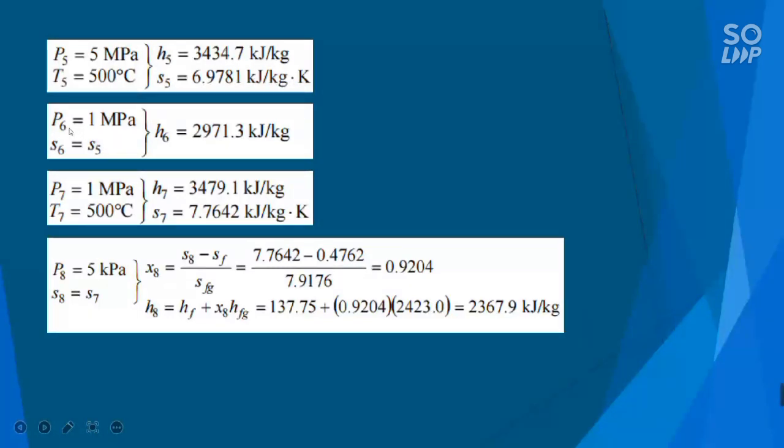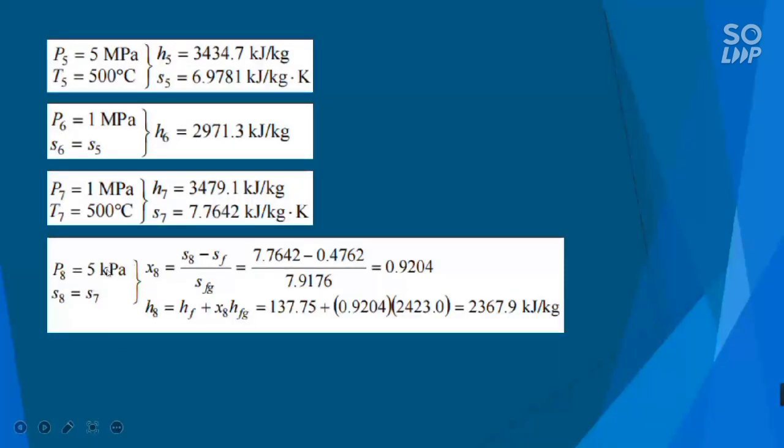At state 6, at 1 megapascal, we have our enthalpy equal to 2,971.3 kilojoule per kilogram. And for state 7, from the pressure of 1 megapascal and 500 degrees Celsius, our enthalpy is equal to 3,479.1 kilojoule per kilogram, and our entropy is equal to 7.7642 kilojoule per kilogram per Kelvin.